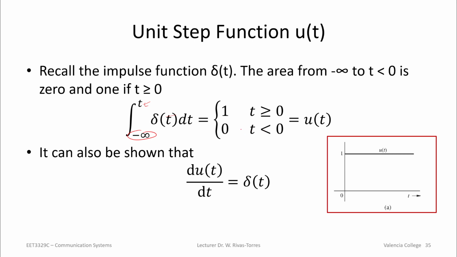But wait a second, didn't we just say that this whole thing was the unit step function? And that's exactly right. So the integral of the unit impulse function equals the unit step function.